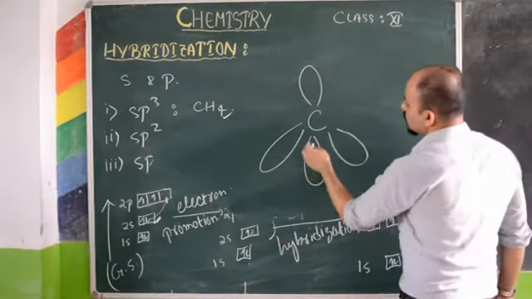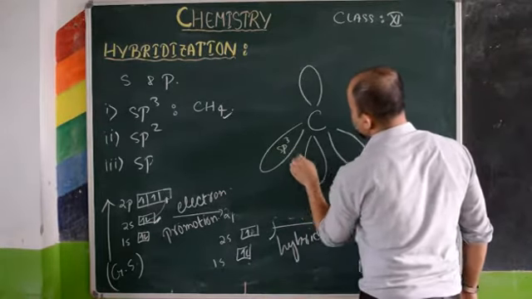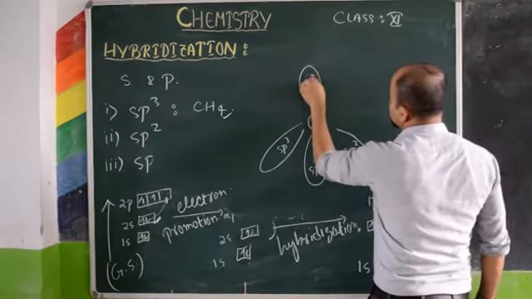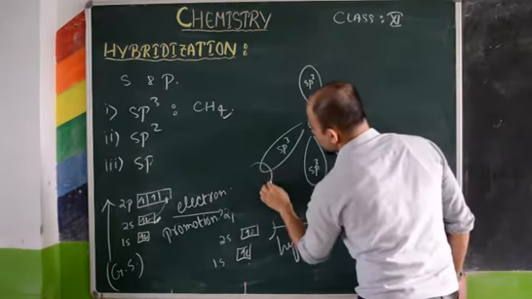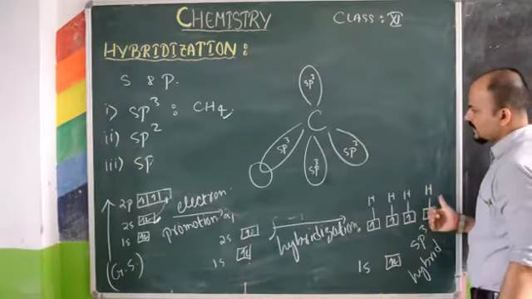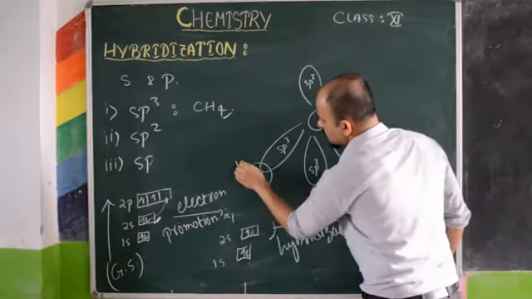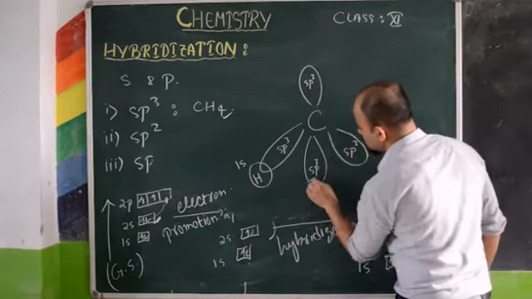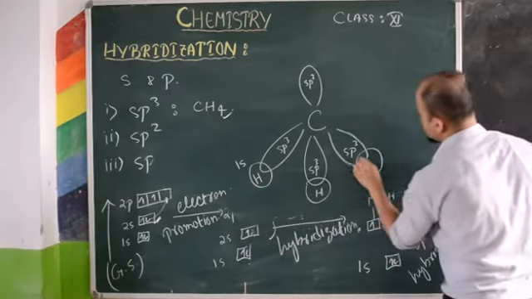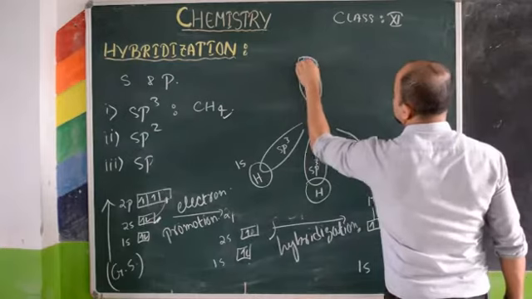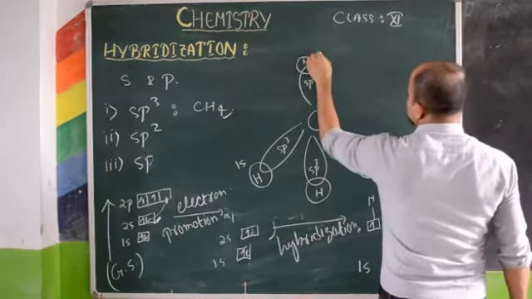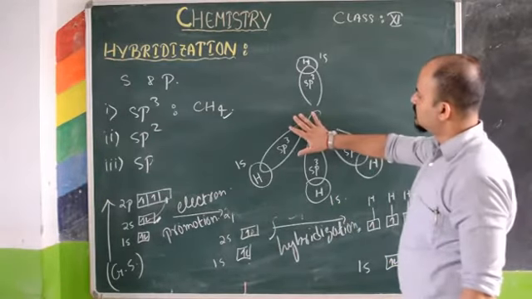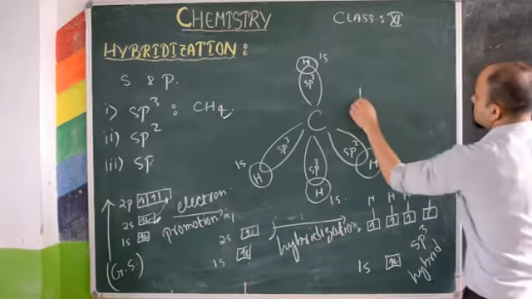Each is sp3 hybridized. Hydrogen has one s orbital, which is spherical in shape, and it is bonded with four hydrogens: one s orbital of hydrogen each. This will give rise to the tetrahedral structure.